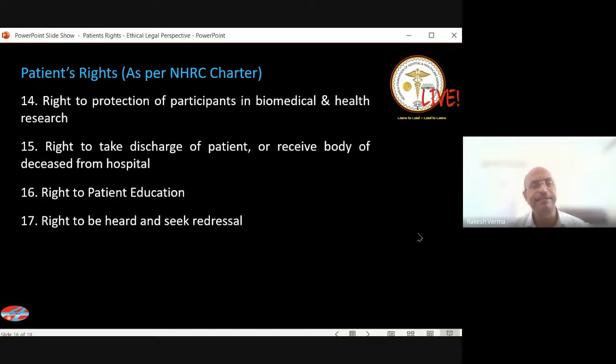The NABH standards do not list many of these. But if you really look at the entire NABH standard, these are included in multiple places.